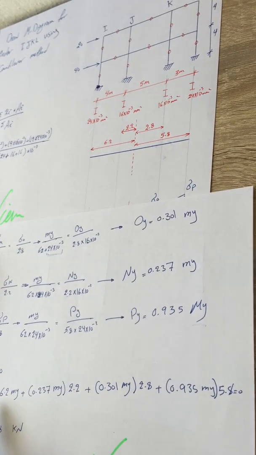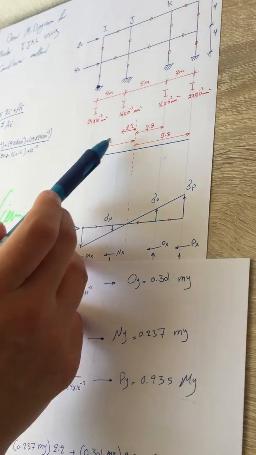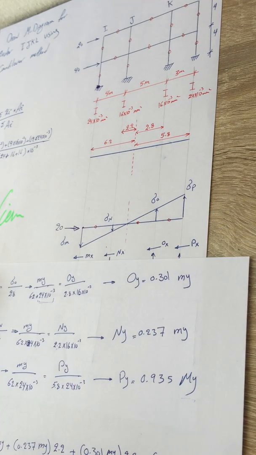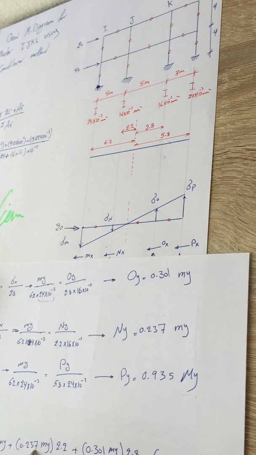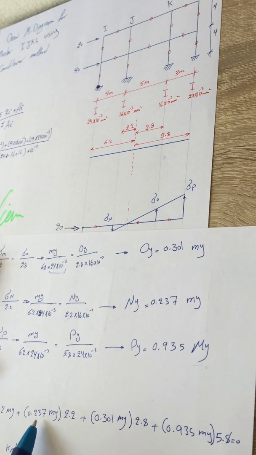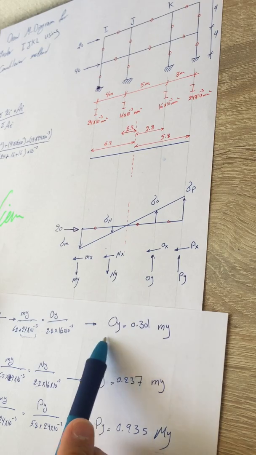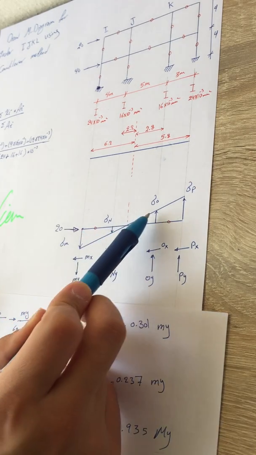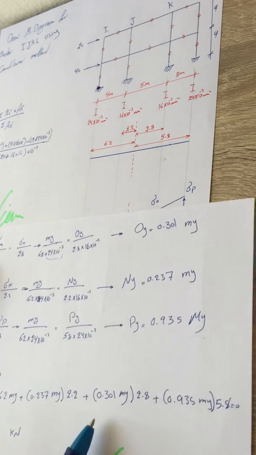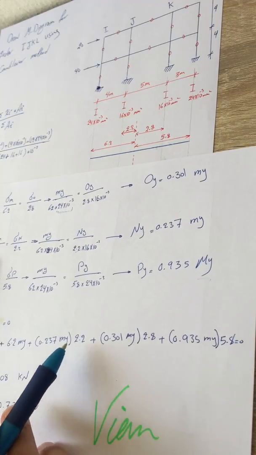And then plus 6.2, this is the distance for My, plus 0.237 My, which is this one, stress of O, times 2.2 here.